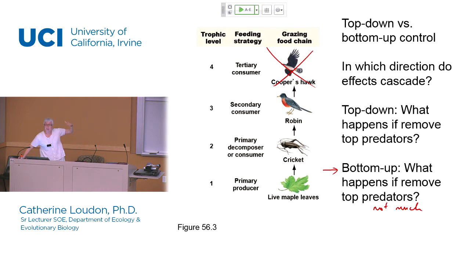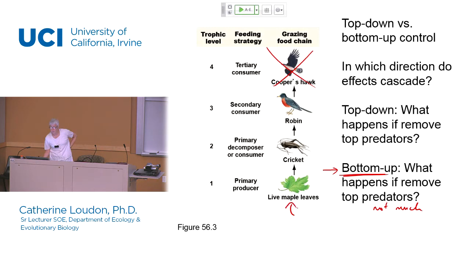So by definition, if this is truly bottom-up, then removing the top predator is really not going to have much of an impact. That doesn't mean that the food chain shown here would be completely impervious to any kind of perturbation, but only to ones that aren't strictly bottom-up.